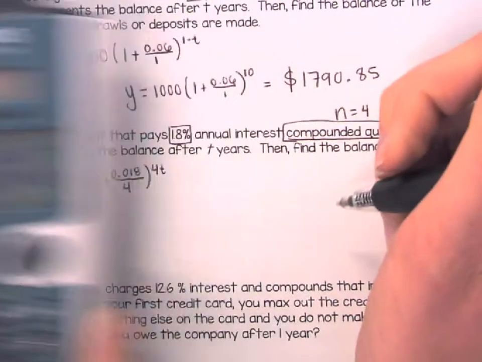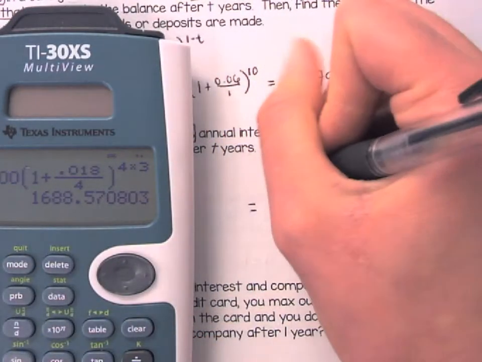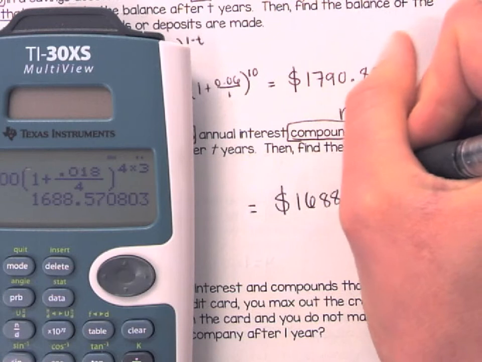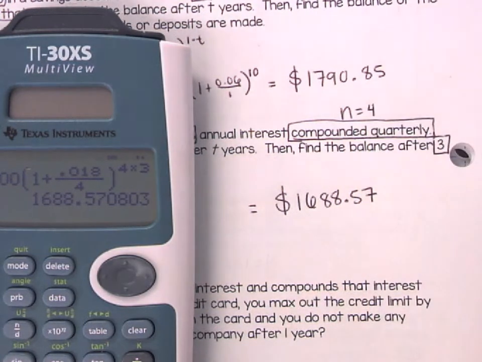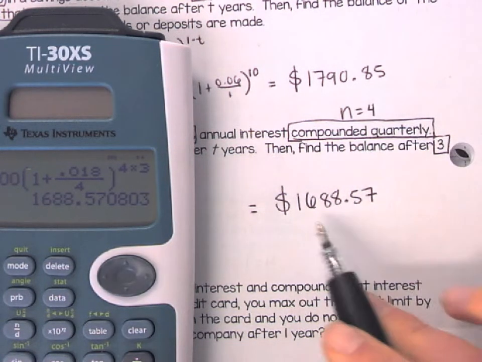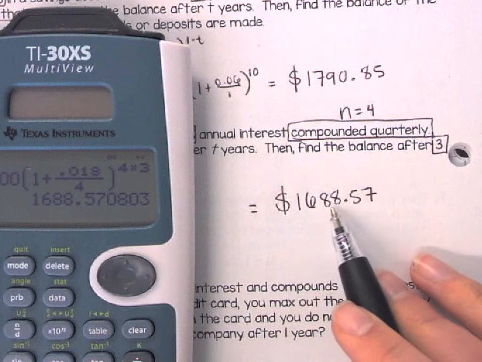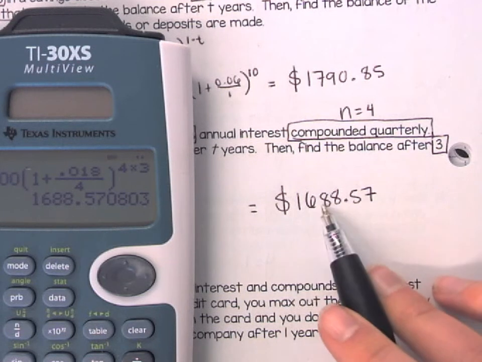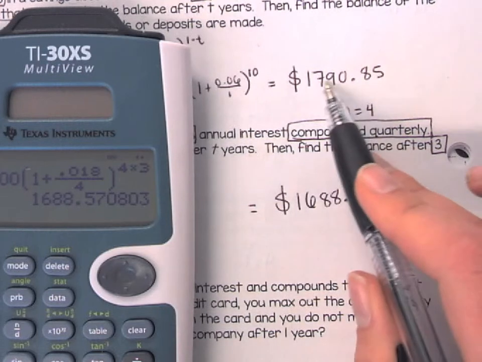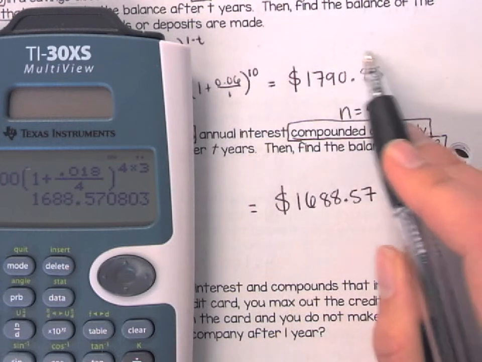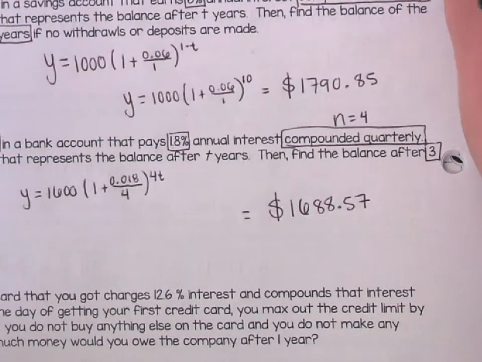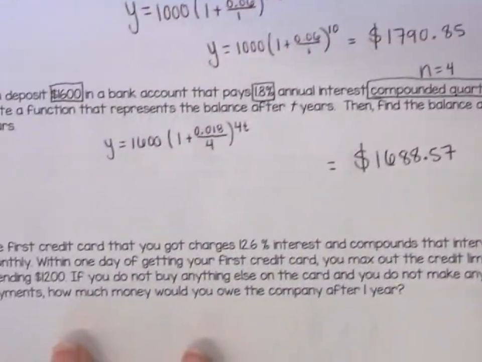And that gives us a total of $1,688.57. So after the 3 years at 1.8%, their account earned $88.57 in interest. Up here they earned $790.85 in interest. So the money in your account can grow just by sitting there.